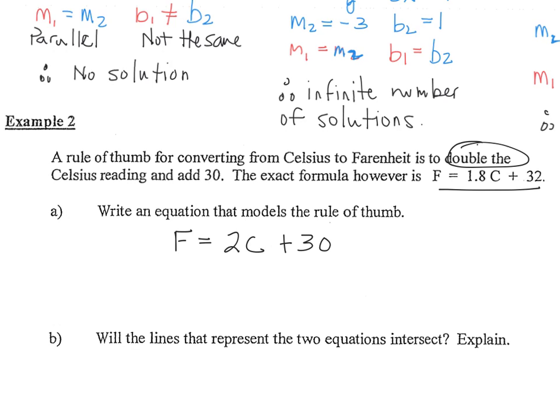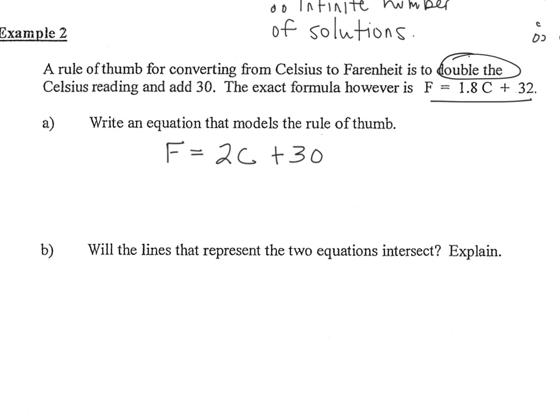And will the lines that represent the two equations intersect? Okay, so again, I'm going to use this idea of a little subscript to give me the difference between the two lines. So F1 and F2, because we're using the same variables, so I know which one is which. So if I write down that m1 is equal to 1.8, we analyze our slopes and we see what's happening with those. m2 is equal to 2, right?